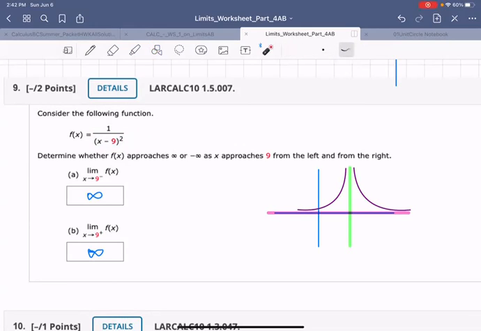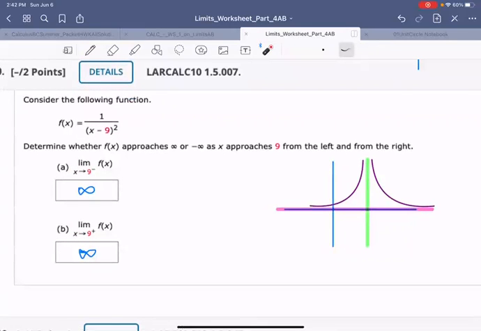Now, they ask you, x approaches 9, x approaches 9. You say, what? Isn't this the same question? No, it is different. It is asking you 9 minus. What do you mean, 9 minus means negative 9? No, this means positive 9 from the left.